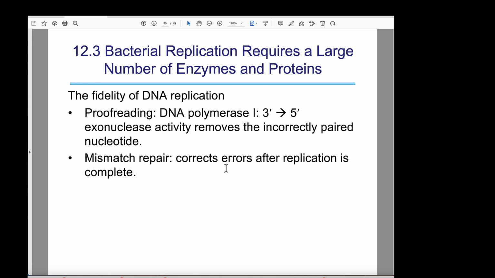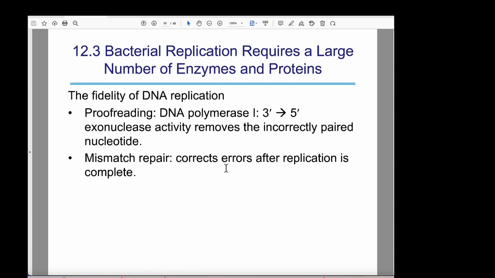It's inevitable. And so DNA polymerase 1 is essential in going back and proofreading, going back over the DNA that was just added to ensure that there are no incorrectly paired bases. And so the proofreading aspect is an important part of DNA replication.